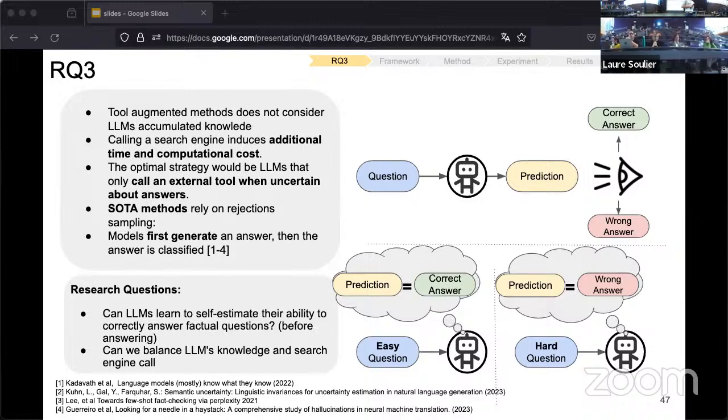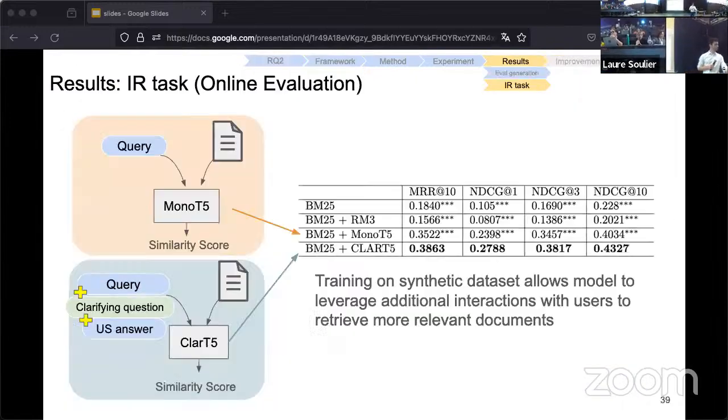So I have some questions. Maybe the first on the first part of your experiment on query clarification.